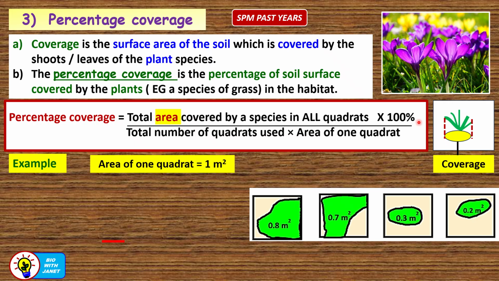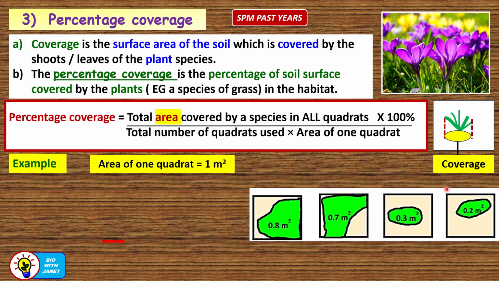Let's look at our results here in this picture. Note the number of quadrats used and assume that the area of one quadrat is 1 meter squared. Can you try to calculate the percentage coverage based on the results here?